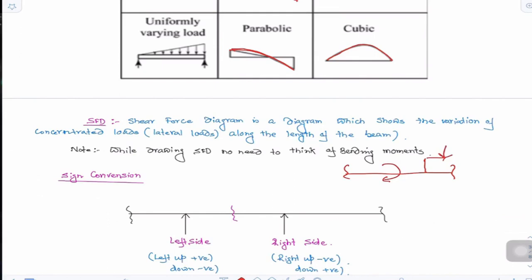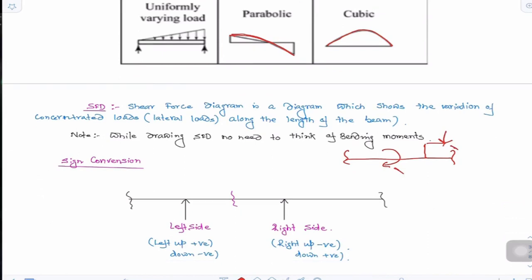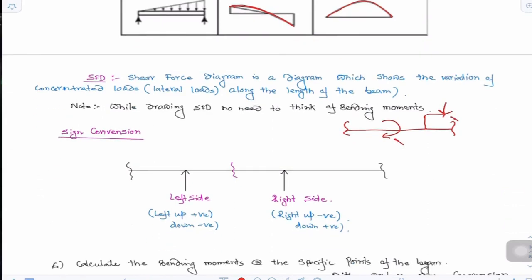This concentrated moment or bracket will create some moment. While drawing SFD, no need to consider the presence of this concentrated moment or bracketed connection, which also will cause the moment. SFD only will show you the variation of lateral or vertical forces.